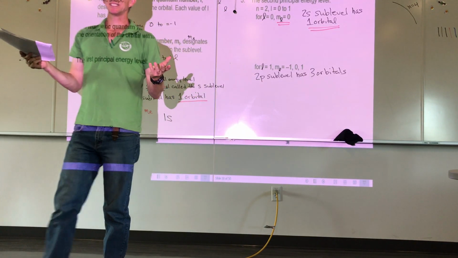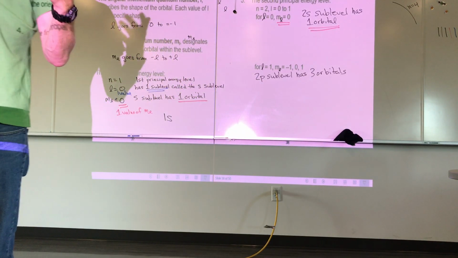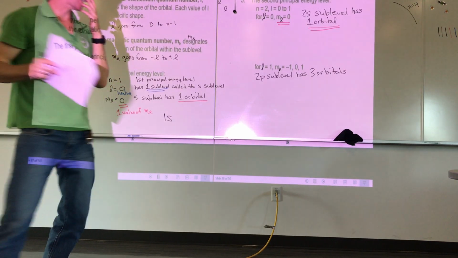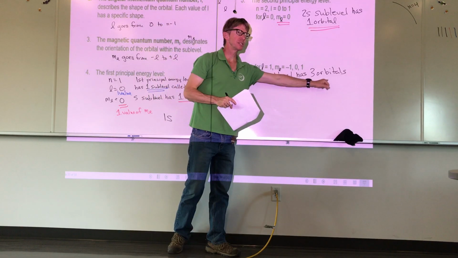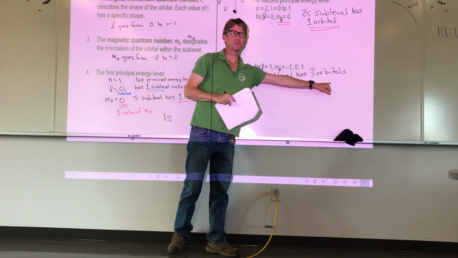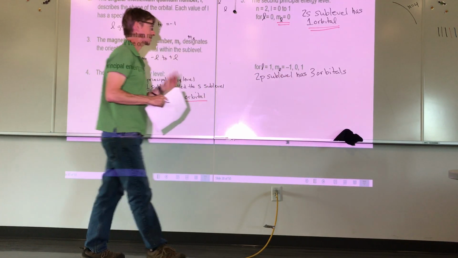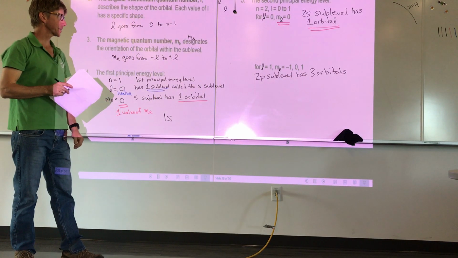Now, for whatever reason, we don't talk about how many electrons fit in each sublevel really until chapter 8. How many electrons fit in each orbital? 2. So we'll talk about electrons probably next lecture, but we're talking about orbitals now.